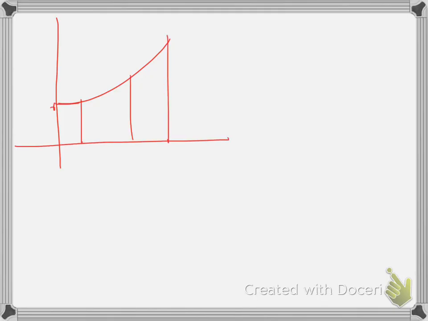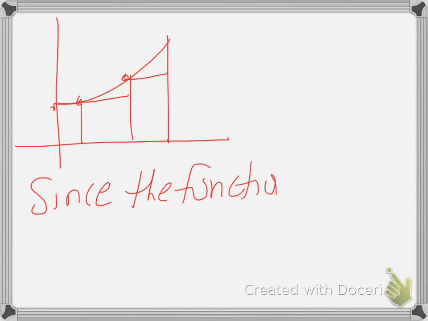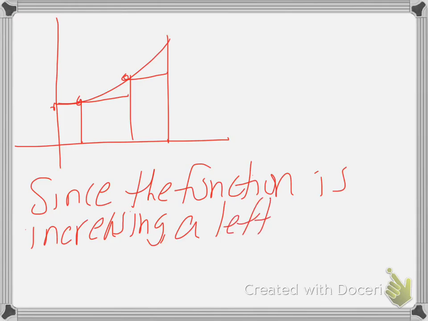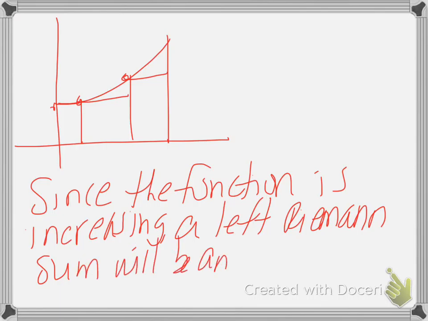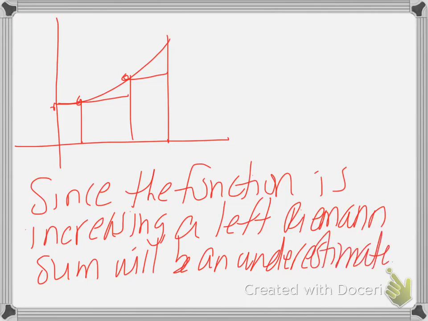When I take a left Riemann sum, it's always going to be lower. It's an underestimate. So you're going to write, since the function is increasing, that's the magic word they're looking for, increasing, a left Riemann sum will be an underestimate. That completes part C.